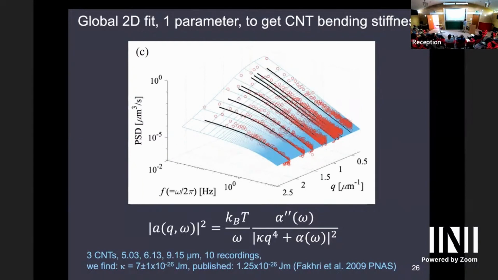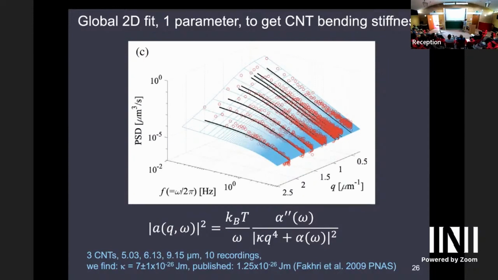It has the viscoelasticity of the environment, it has the bending modulus, and actually only these 2. But if you stick in the independently measured viscoelastic response of the hyaluronic acid, then this whole thing can be used to fit for the bending elasticity of the nanotubes. But it's a lot of data that can fit with this global function, and this has only one parameter.